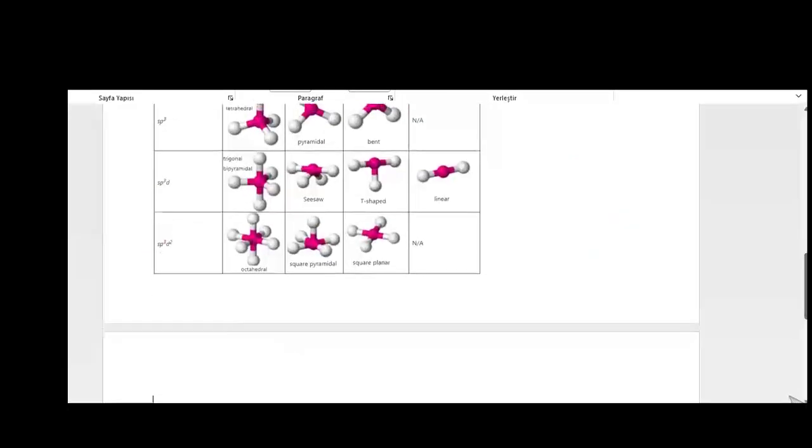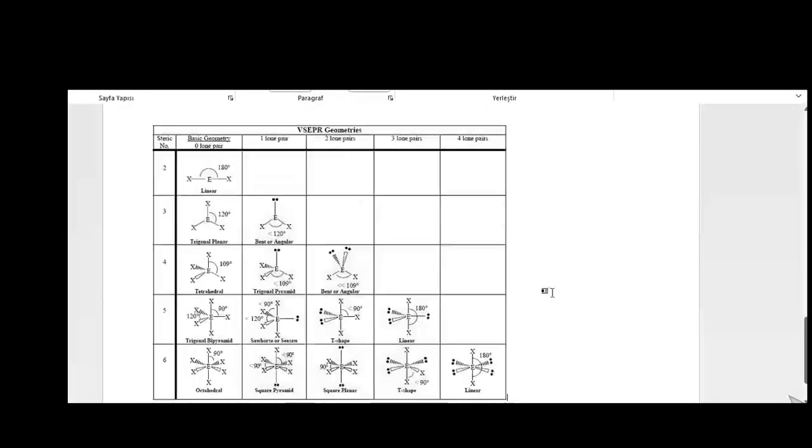And also you can see that it has that trigonal pyramidal shape. And the bond angle between the chlorine atoms, by using the same rule, I can say that the bond angle between chlorine atoms is less than 109 degrees. Okay?